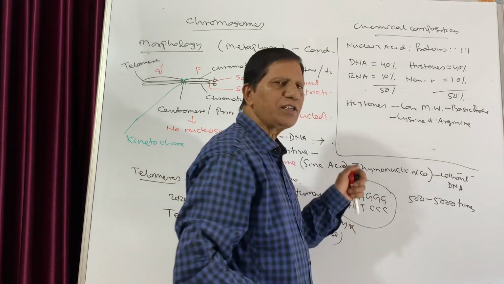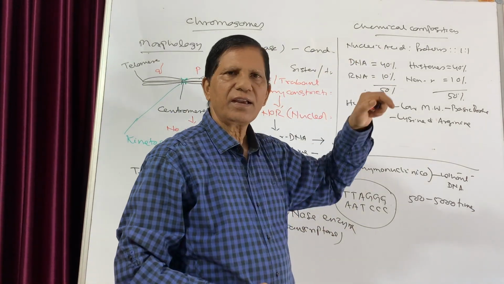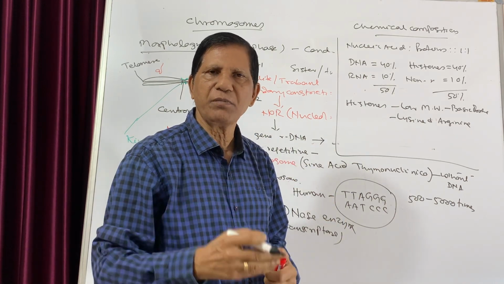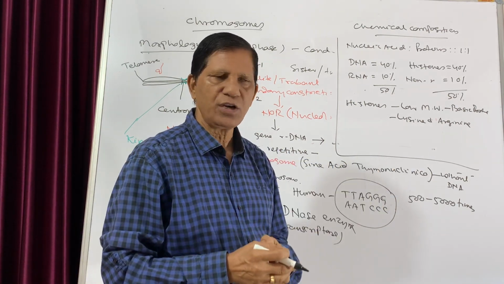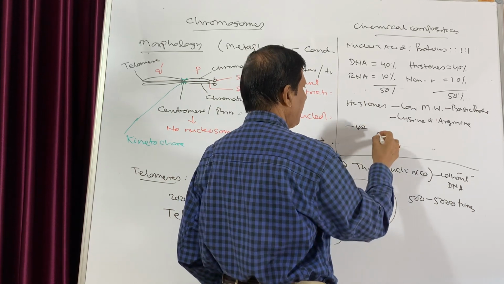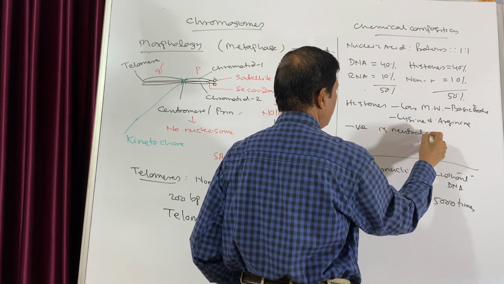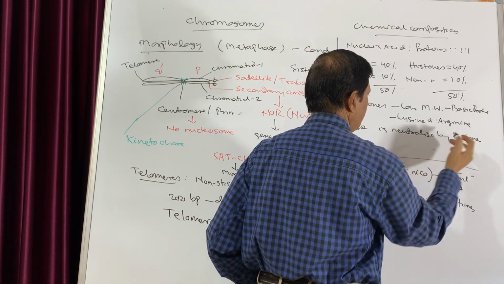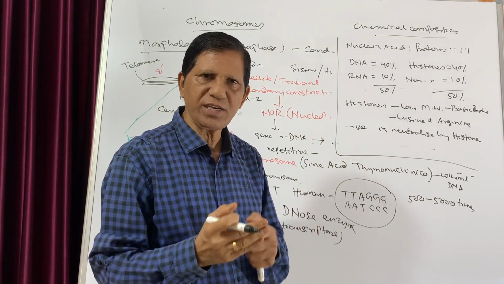So, what is the importance of these basic proteins? Usually, the DNA is negatively charged because of the phosphate bonds formed between nucleotides. The negative charge of the DNA is neutralized by histones. This is also a very important point.